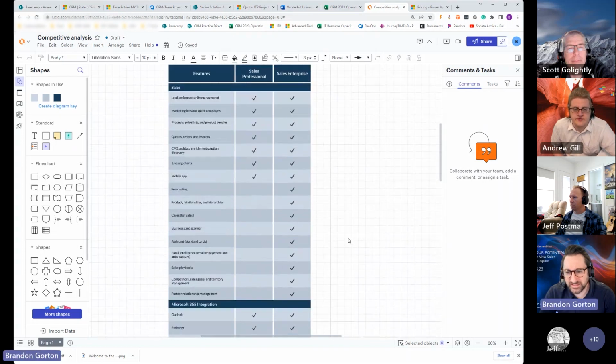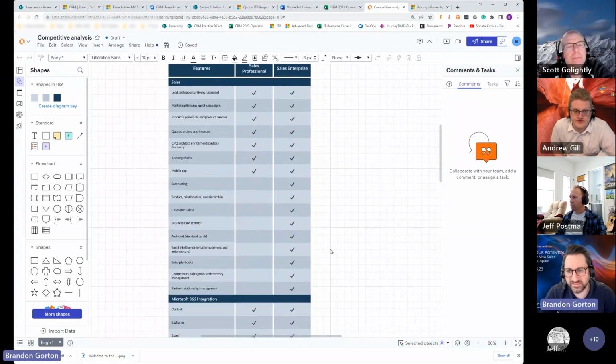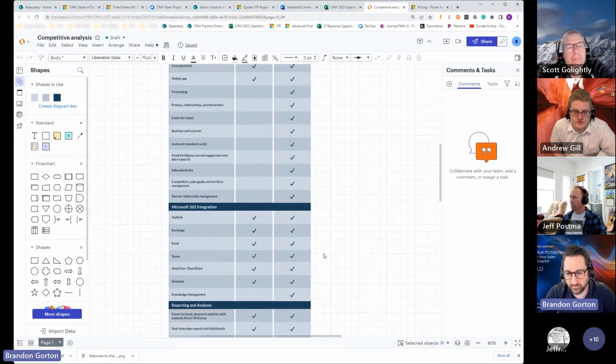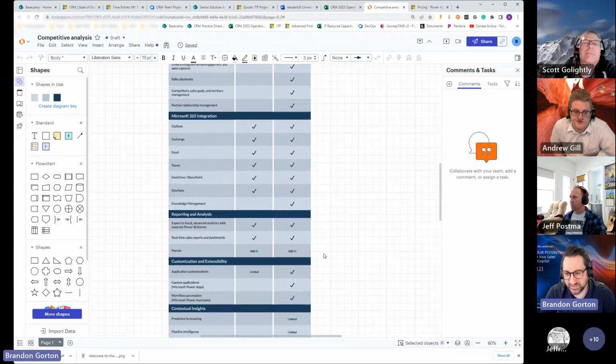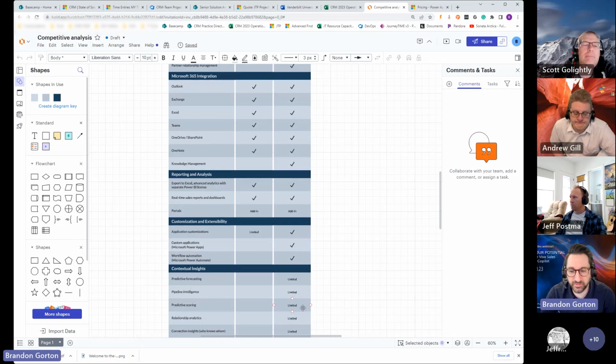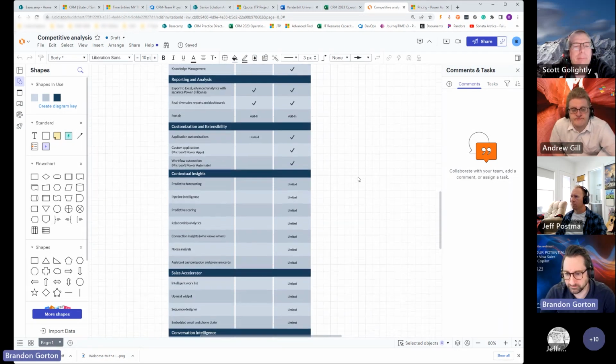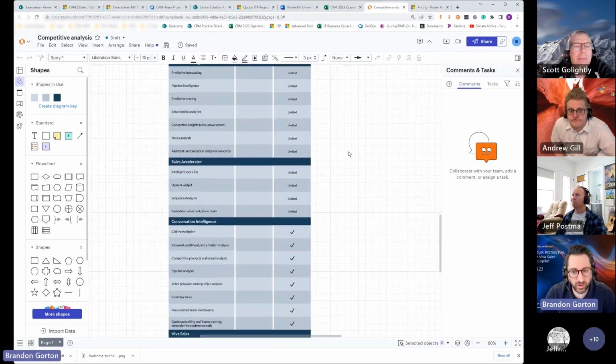And that is some of the stuff from the sales professional and sales enterprise that I wanted to cover. As you can see here, most of it's the same. With sales enterprise, you do get some limited customer service rights, with knowledge management as well as with case creation. And then everything else kind of makes sense with what you would expect.